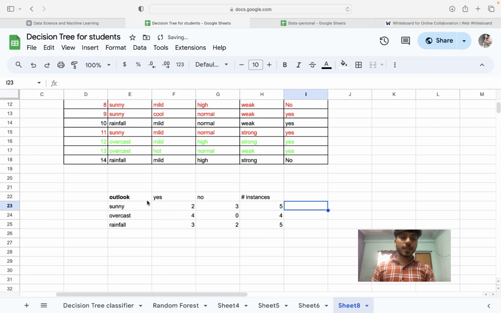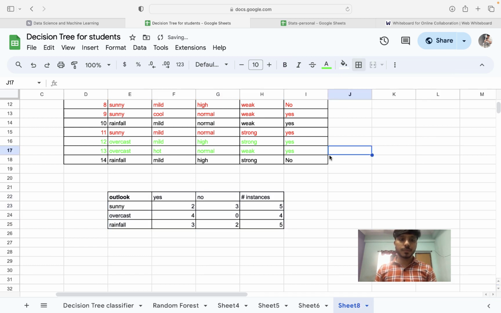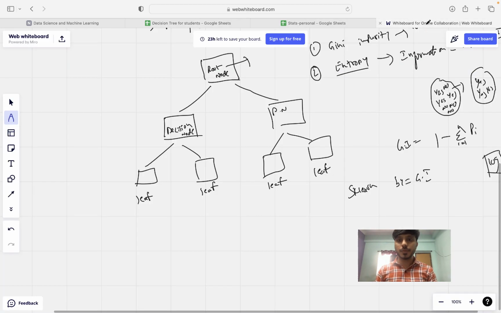So when you have a subtable created for this particular feature, my next step is to calculate the Gini impurity of the outlook table when it is sunny. That's what I need to calculate, and we know the formula, right? It is 1 minus this formula.